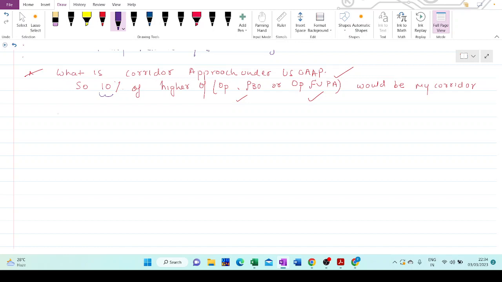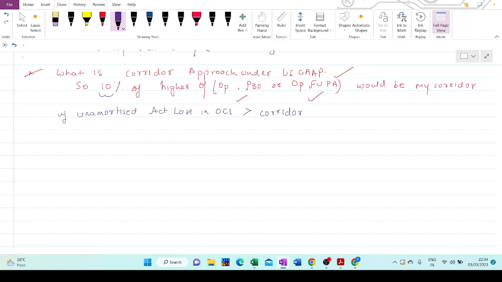And if the unamortized actuarial losses that sit in the OCI are greater than the corridor, then I will say that my actuarial losses are very big. I have to amortize them.